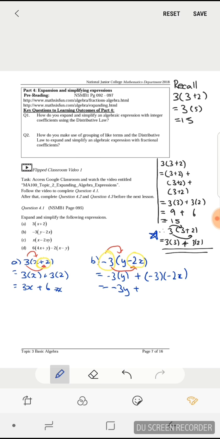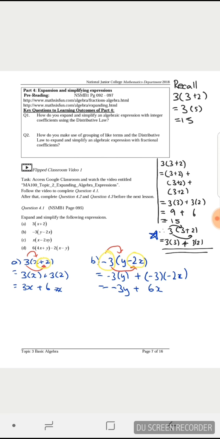So you have two negatives multiplying together, you will get a positive. Yes. So negative 3 times negative 2 will be positive 6. And then you have x, so it's plus 6x. Clear?